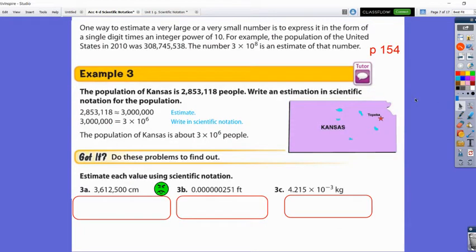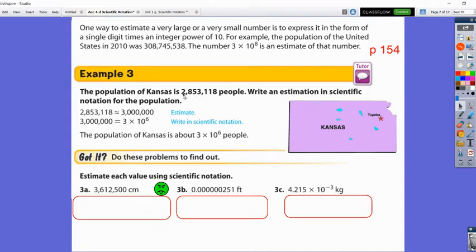Estimating is very common with scientific notation. The population of Kansas, for example, is 2,853,118 people for a minute, and then somebody's born and it becomes 119 people, and then somebody dies and it goes back. It's kind of ridiculous to have this number go all the way down to the single digits. In fact, it's really ridiculous to have it even go down to the thousands.